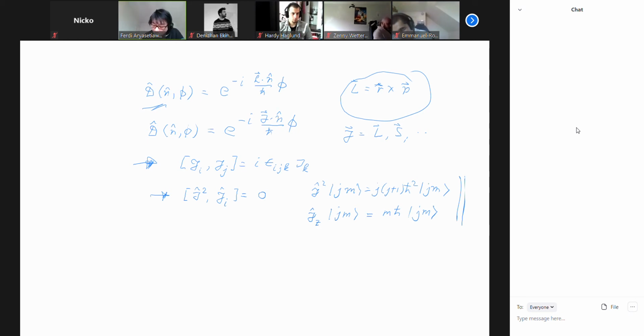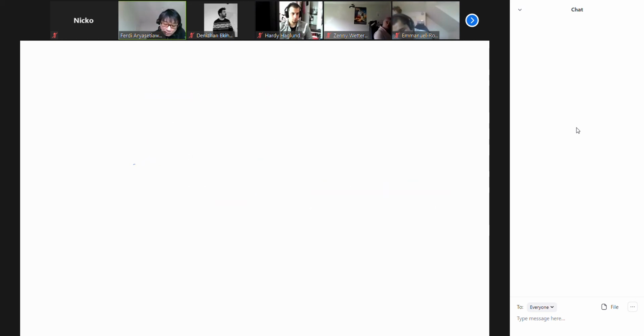So maybe I should erase this. So we have Lie algebra. I'm trying to give a more general picture of these angular momentum operators. That is actually an example of what is known as Lie algebra.